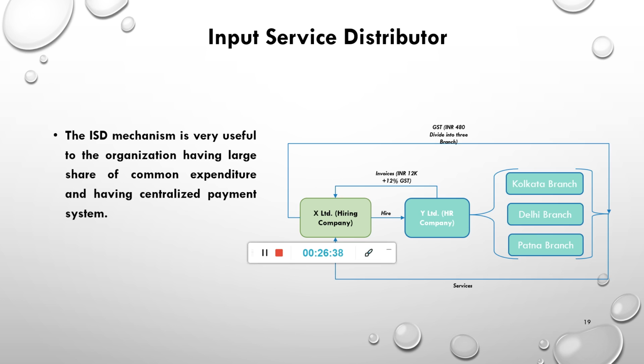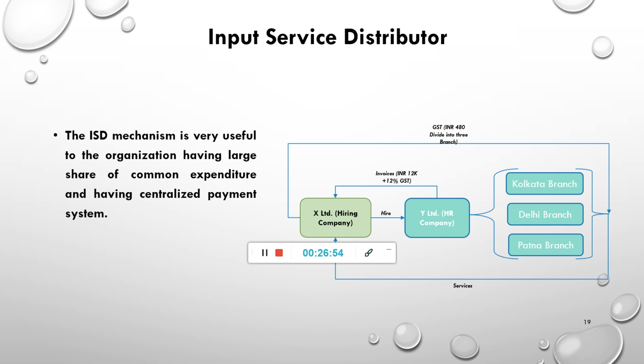An input service distributor is a business which receives invoices for services used by its branches. An input service distributor can also be an office of banking or financial institutions, including a non-banking financial company.